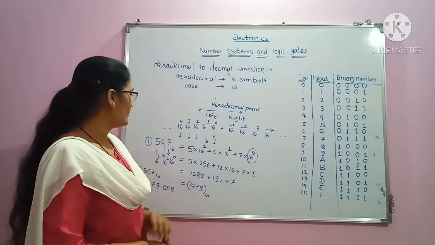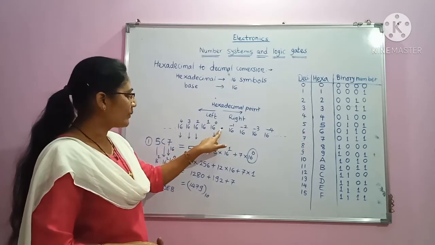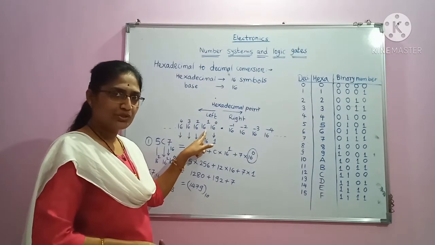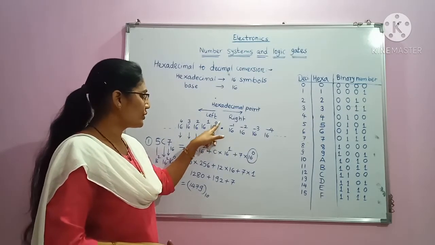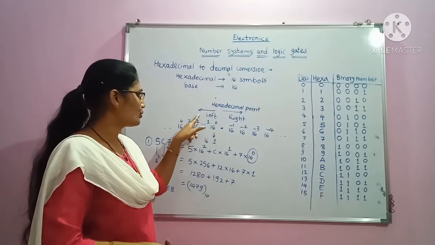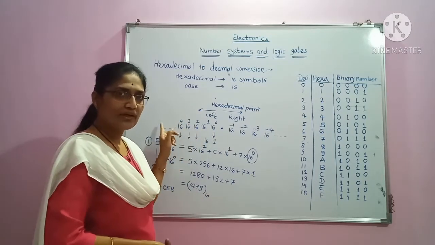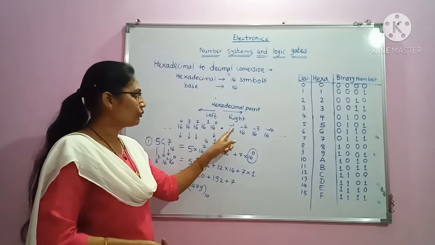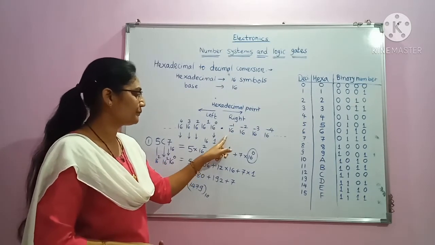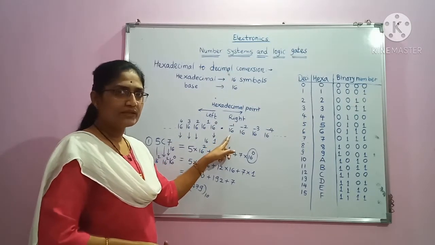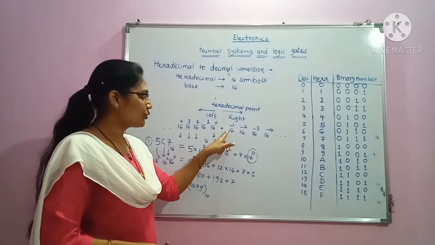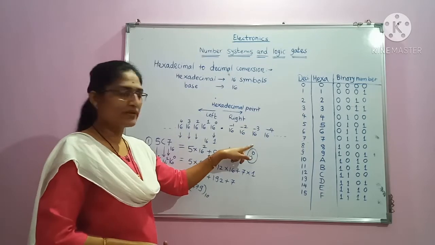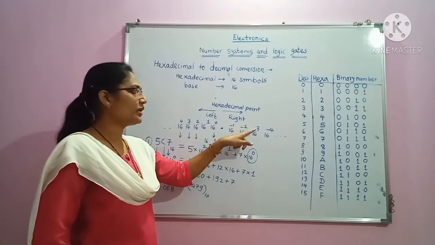So what I did, as I move towards the left, I have to multiply each digit by 10 raised to 0, 10 raised to 1, 10 raised to 2, 10 raised to 3. These are the weight values of respective digits. And as I move towards the right, I have to multiply each digit by 16 raised to minus 1, 16 raised to minus 2, 16 raised to minus 3.